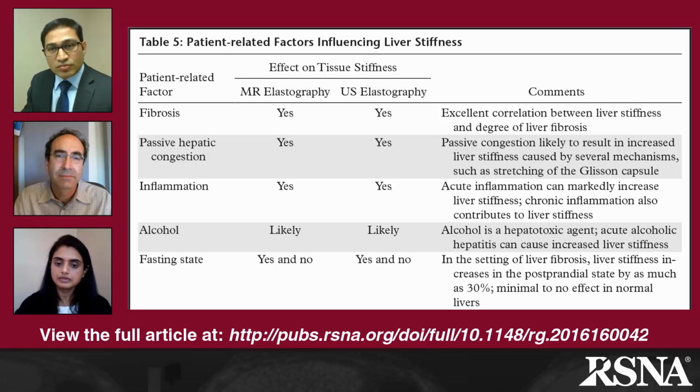So in this regard, I would like to highlight steatohepatitis, which is going to be a very common chronic liver disorder soon in the US, because NAFLD is going to be the most common cause of chronic liver disease. Simple steatosis does not cause an increase in stiffness, whereas steatohepatitis, that is inflammation along with the fatty change, will cause an increase in stiffness.